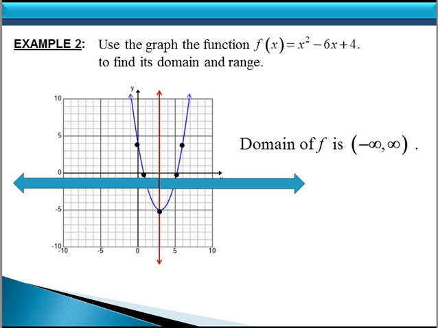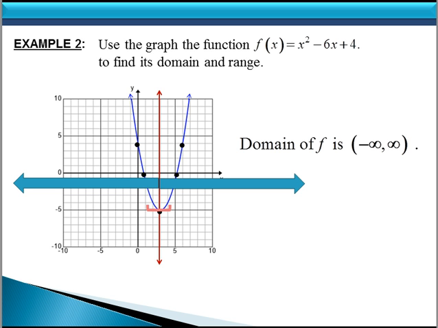Now the range of this function, remember that the range is all values of y that are possible. So if you look at the parabola, notice that the parabola does not exist below the y equals -5 line, right? There's no parabola down there.